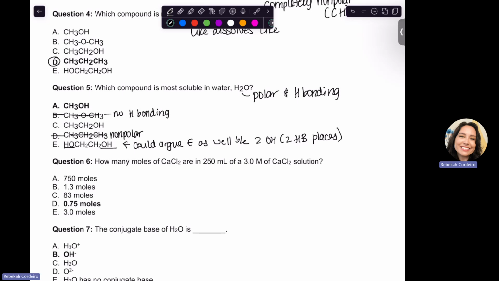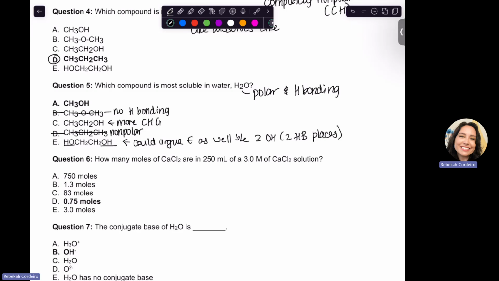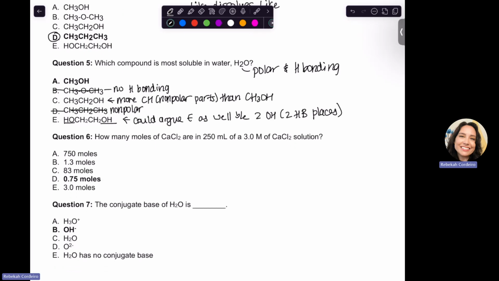But between A and C, this one has more CH, more nonpolar parts than option A. So that's why option A is chosen here. But you could argue E, because while it has more CH parts, it has two places for hydrogen bonding.